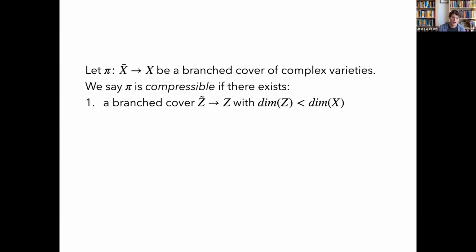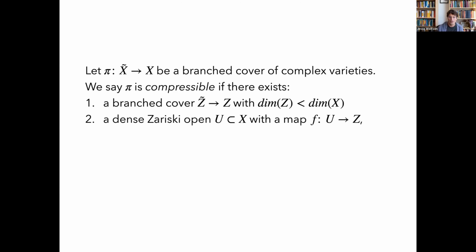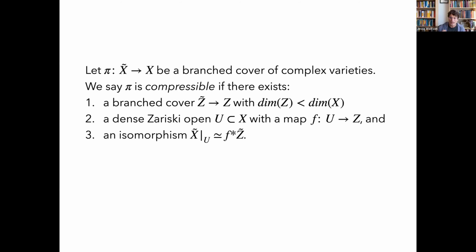We formalize this by saying our cover is compressible if there exists a branched cover of lower dimension, a dense Zariski open of the base space of our original thing, a map from that open to the base of our other branched cover, and an isomorphism after pulling back, with the Z-twiddle and the dense open piece of our total space.